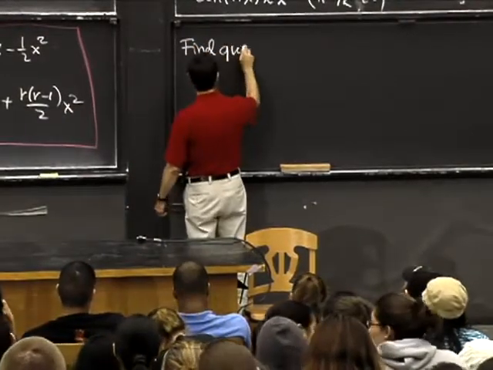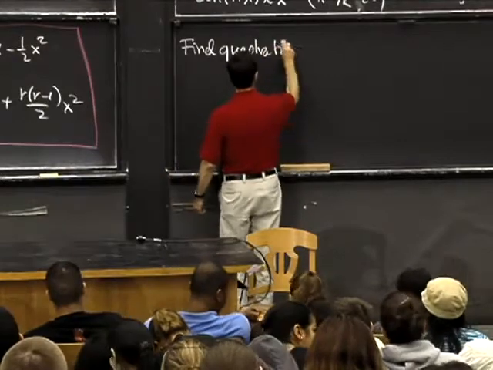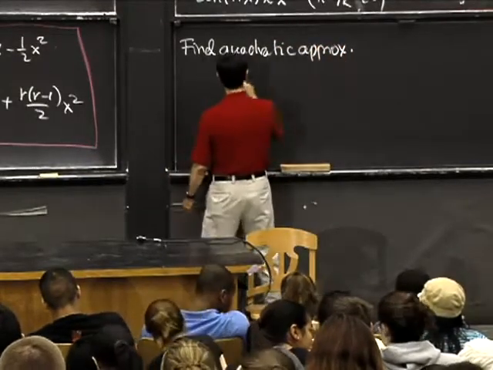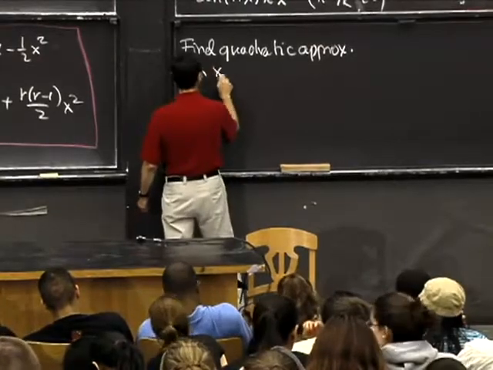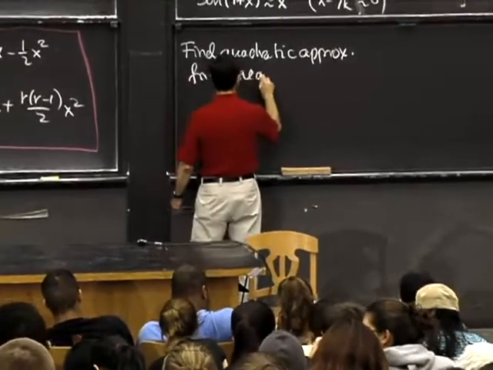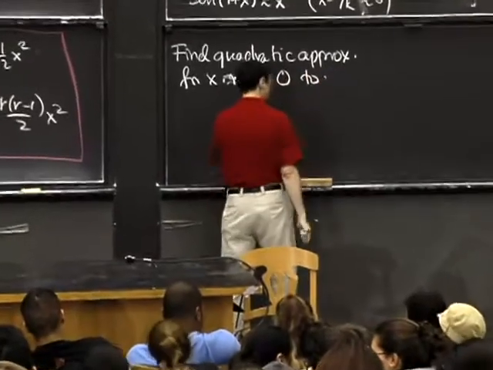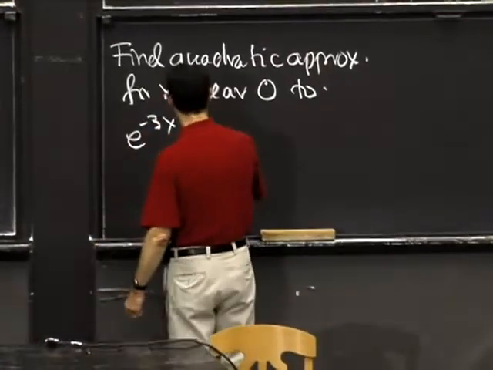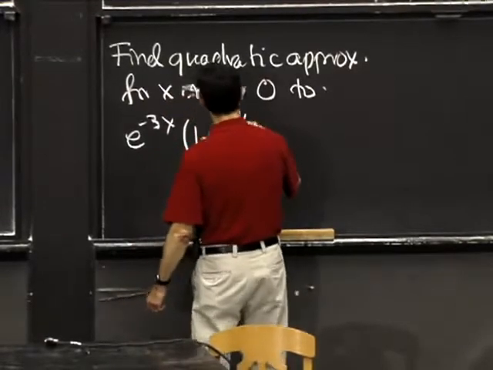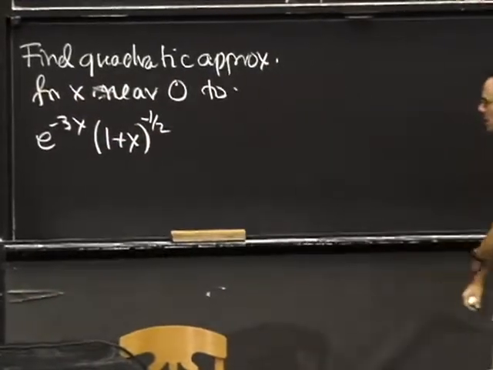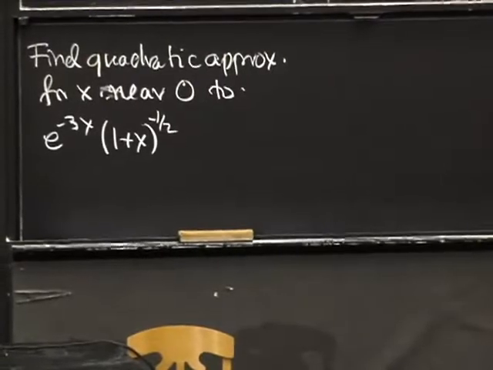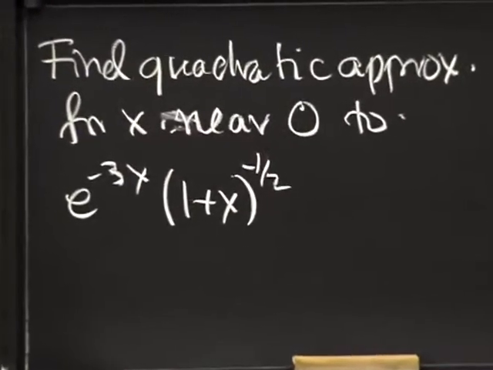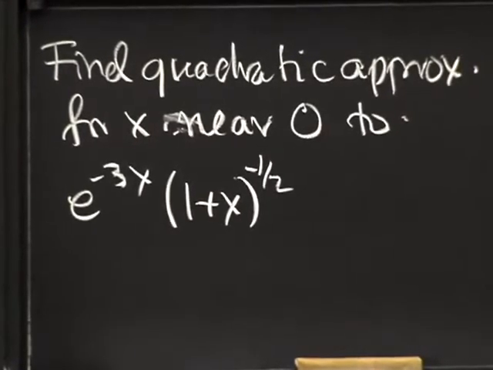So we're going to find the quadratic approximation for x near 0 to what? Well, this is the same function that we used in the last lecture, I think. e^(-3x) times (1 + x)^(-1/2).